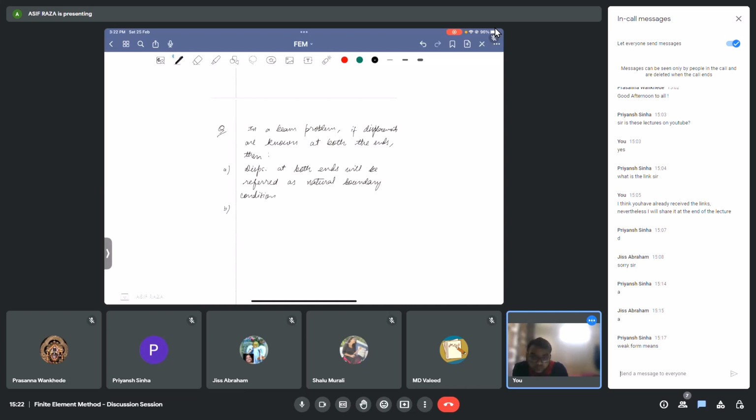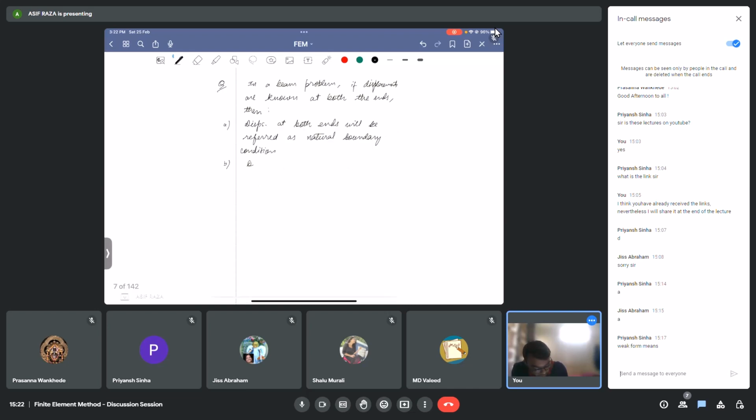Option B, displacements at both ends must be homogeneous to solve the problem.